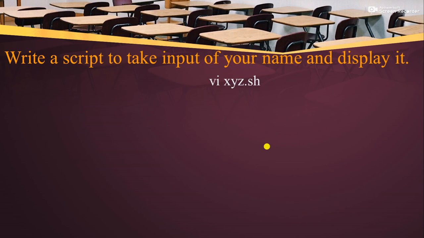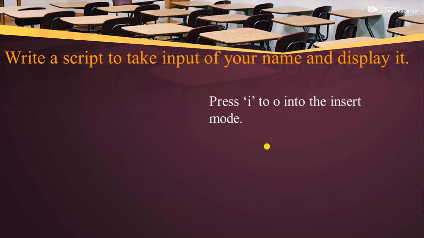Over here, we have taken the file name as xyz. So firstly, we will write vi space xyz.sh. Then we will enter the Vim editor. Over here, we will press i to go into insert mode. Then we will write clear to clear the screen.